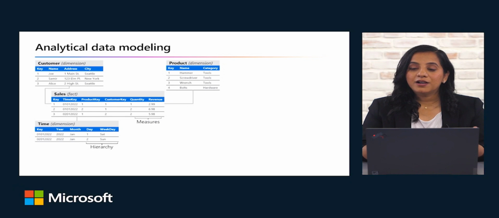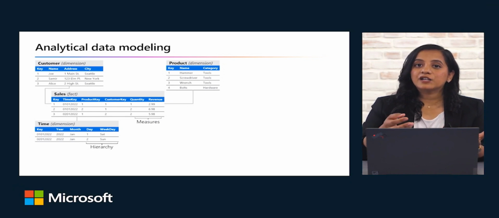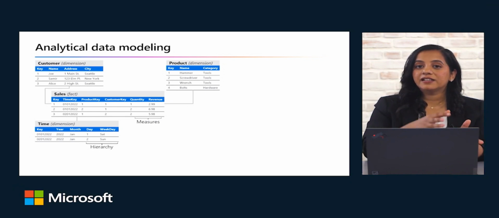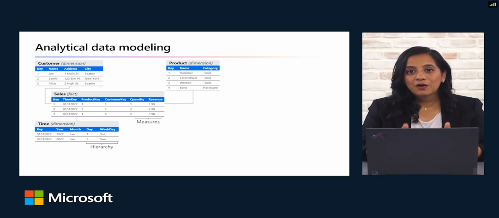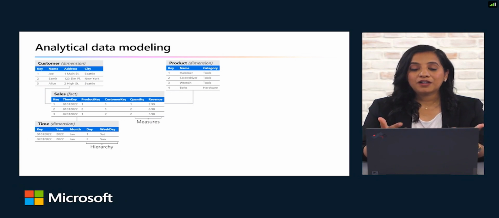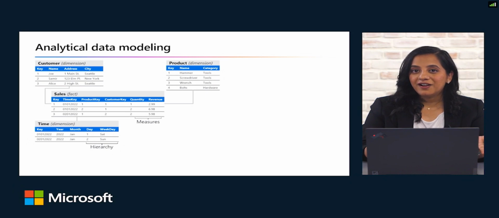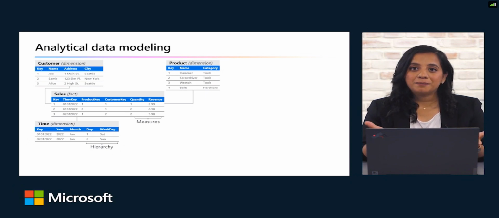For example, a model might include a table containing numeric measures for sales, such as revenue or quantity, and the dimensions for products, customers, and time. This would enable you to aggregate sales measures across one or more dimensions. For example, to identify the total revenue by customer or total items sold by product per month.